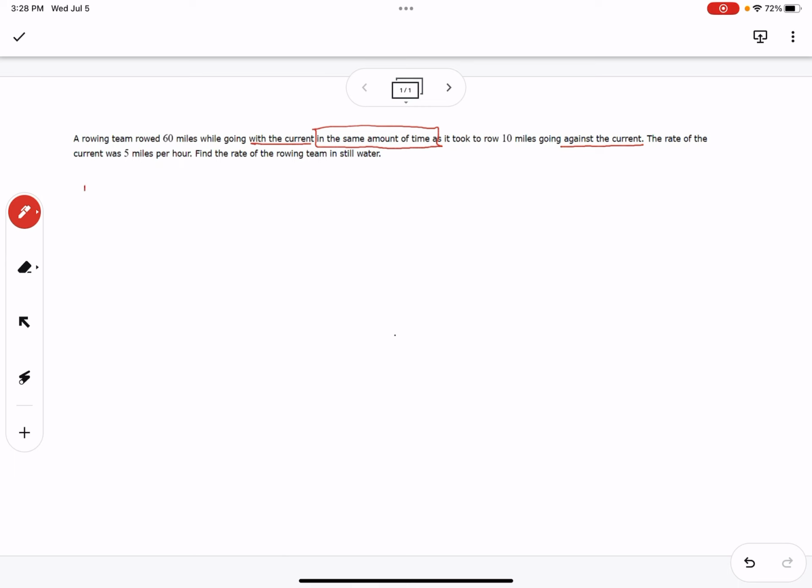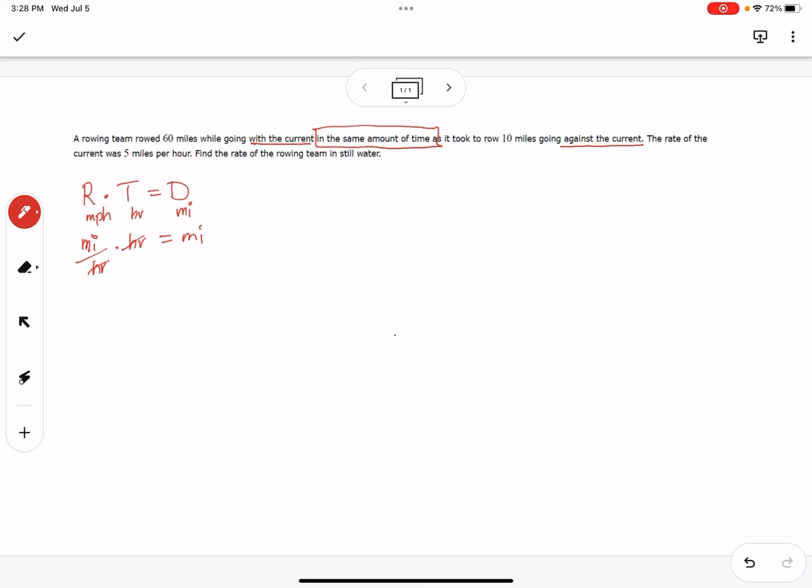Some people just say, well, you take a rate like miles per hour times the time like hours, and that's going to give you distance. You can think of this as miles per hour times hours. Hours would cancel out and you just have miles left. So I always suggest using the units to help you navigate.